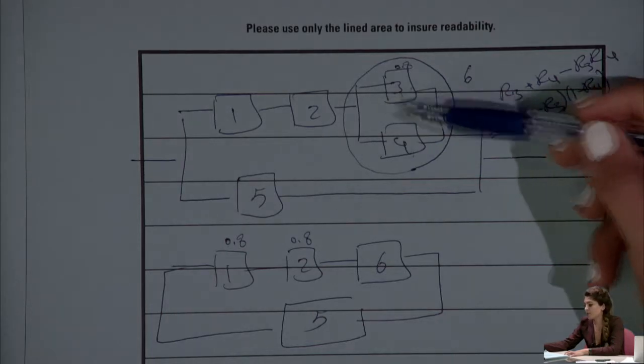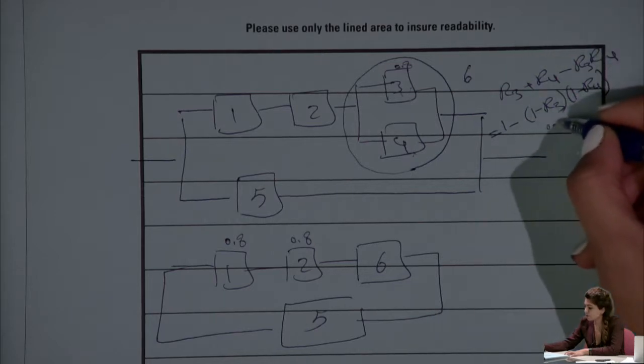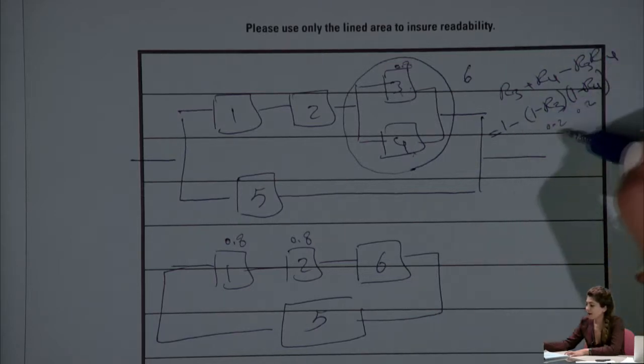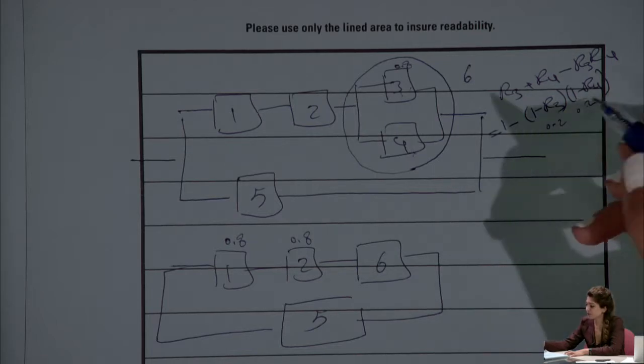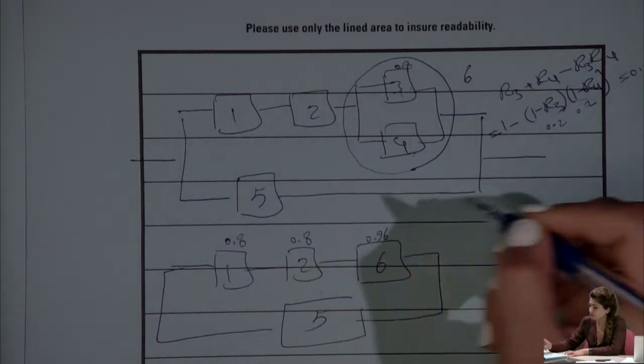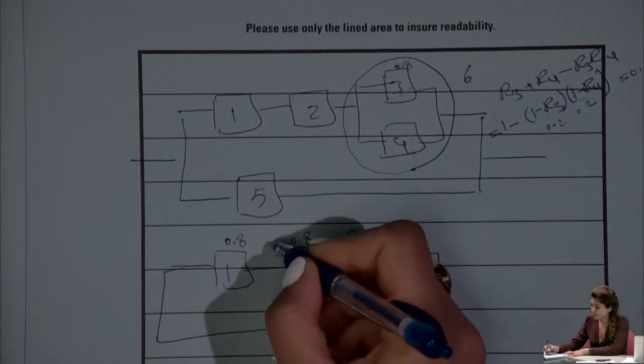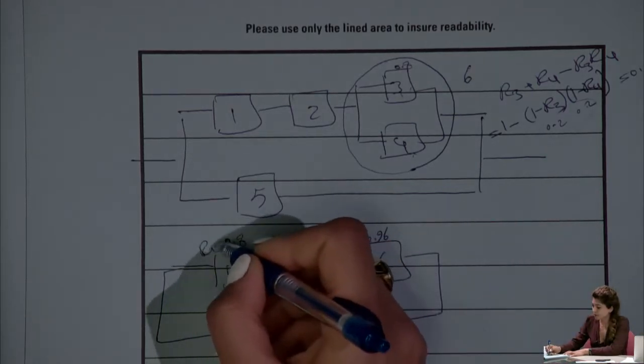It's going to be the failure of this multiplied by this, which is 1 minus R3 and 1 minus R4. So then you have 0.2 and 0.2, and there is only a 4% chance that both of them fail. 1 minus that, which is 0.96, gives you the probability that the system works, right? So then you have 0.96 right here, or you can call it R6. This is R2, and this is R1.